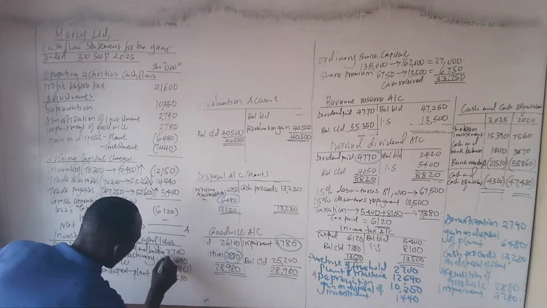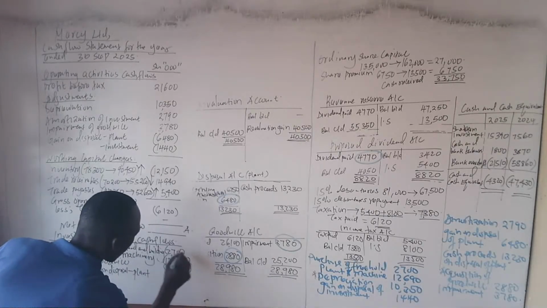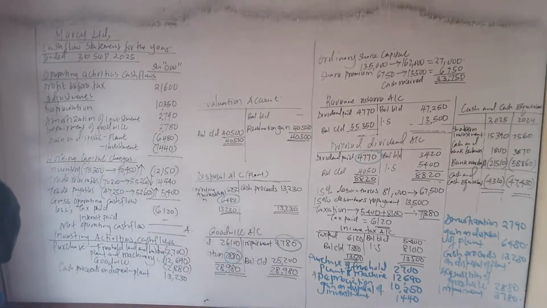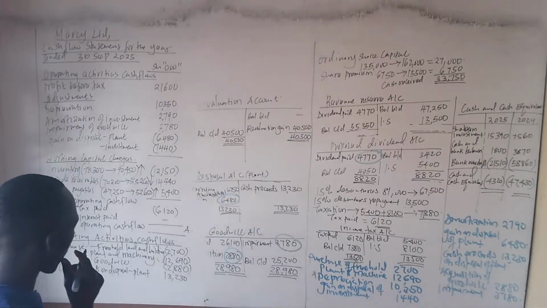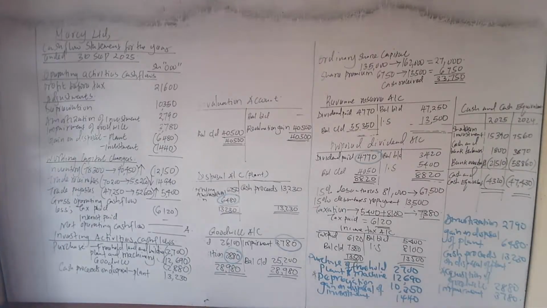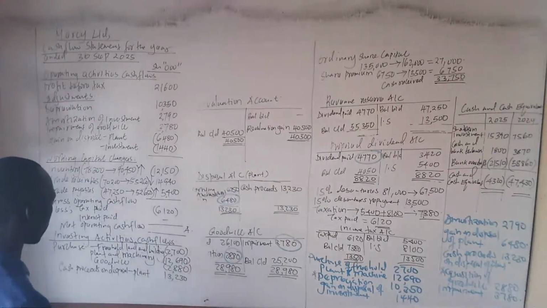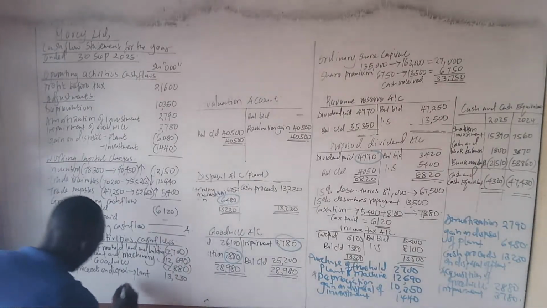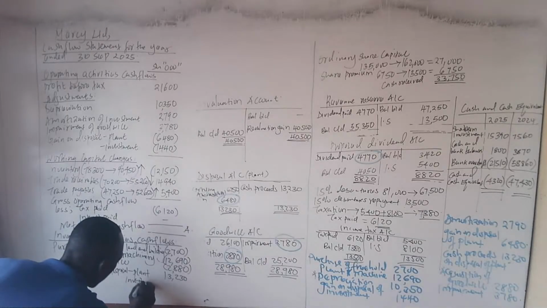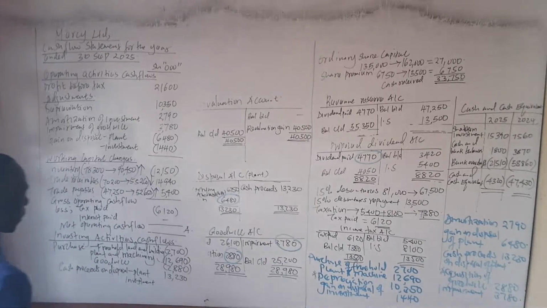Remember, for the acquisitions we are purchasing, therefore it is an outflow. For the cash proceeds on disposal, we are selling and therefore getting some money. And we also sold investment.